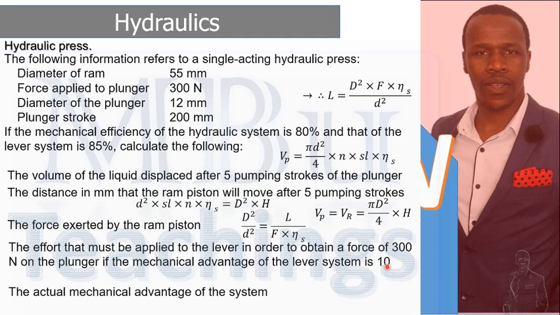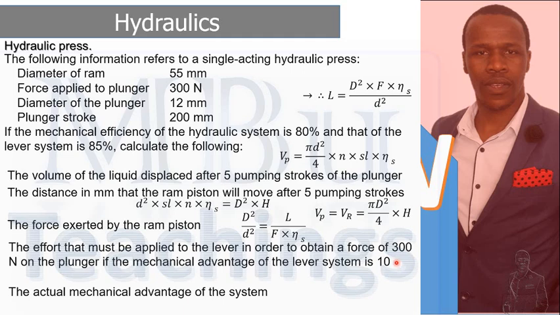Remember, the mechanical advantage is simply a ratio of forces, where we have the force on plunger divided by the effort. So it's just the ratio, so it will not have any unit. That's why you don't see any unit here.